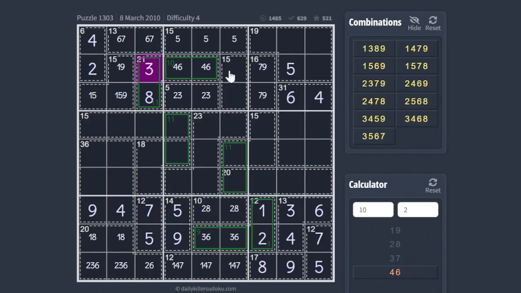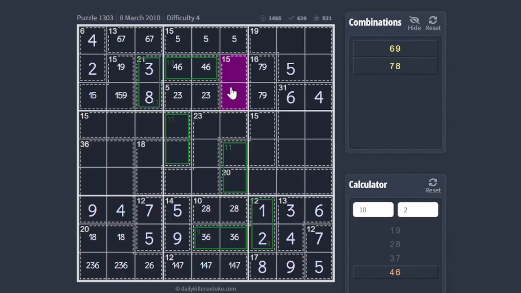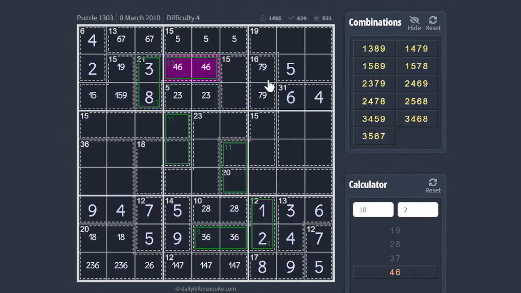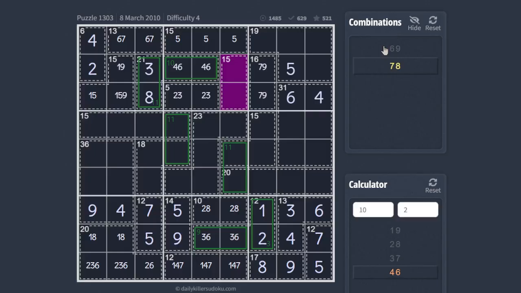And this 6 eliminates the 6, 9 possibility here. This is a 7, 8. With the 8 here, this is a 7 and this is an 8, with the 7 here. This is a 9 and this is a 7. Because of this, the 9 can be removed here, and this becomes the 9.